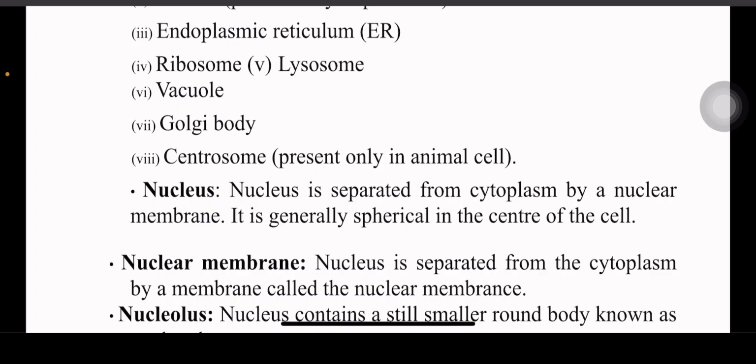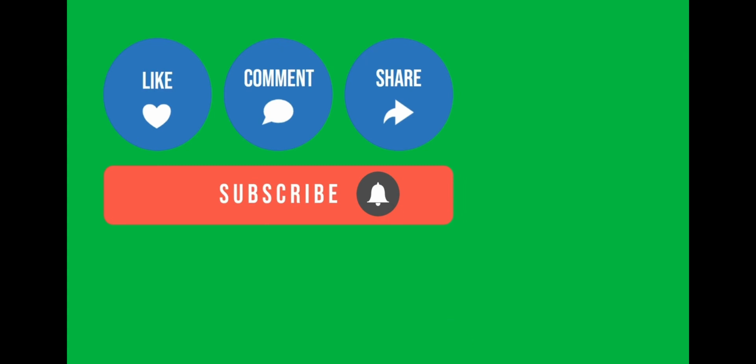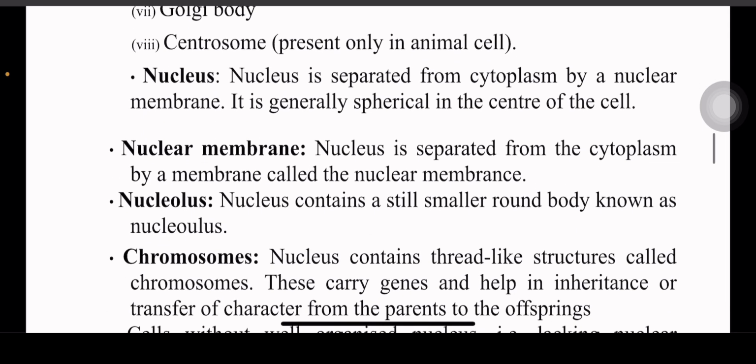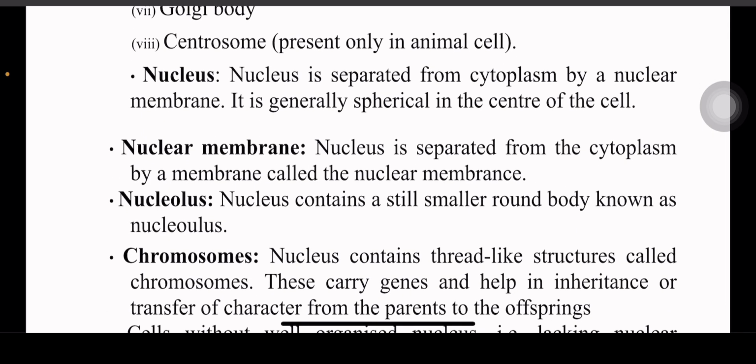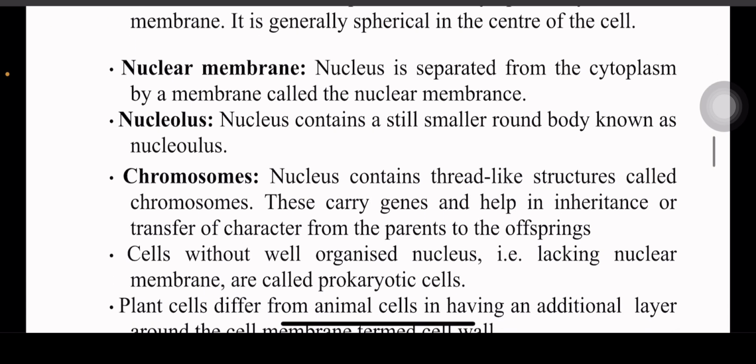It is generally spherical in the center of the cell. Nuclear membrane. Nucleus is separated from the cytoplasm by a membrane called the nuclear membrane. Nucleolus. Nucleus contains a still smaller round body known as nucleolus.